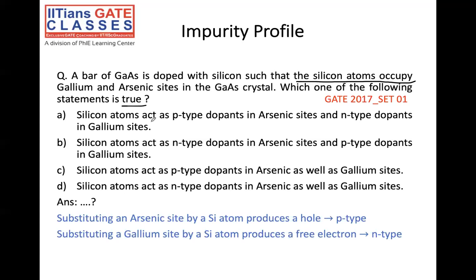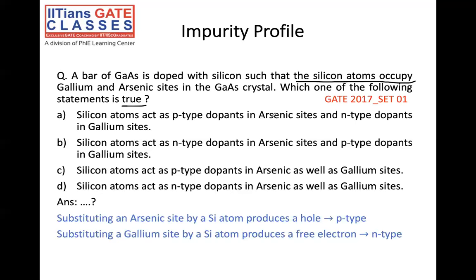Okay, in the arsenic site, arsenic is pentavalent. It has 5 valence electrons in the outermost orbit. If we replace this arsenic with silicon, we have only 4 valence electrons. It means we have 1 electron deficiency.